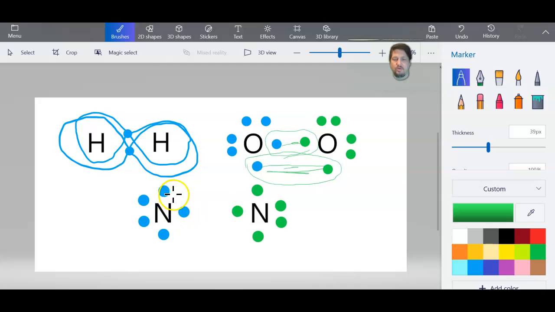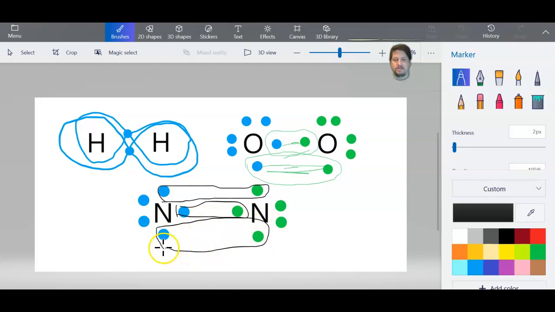As you can see, we don't have 2 on the top on either one of these. We don't have 2 on the side. We don't have 2 on the bottom. So, in order to become stable, these atoms will share. As you might have guessed, this one will share across here. This one will share across here.